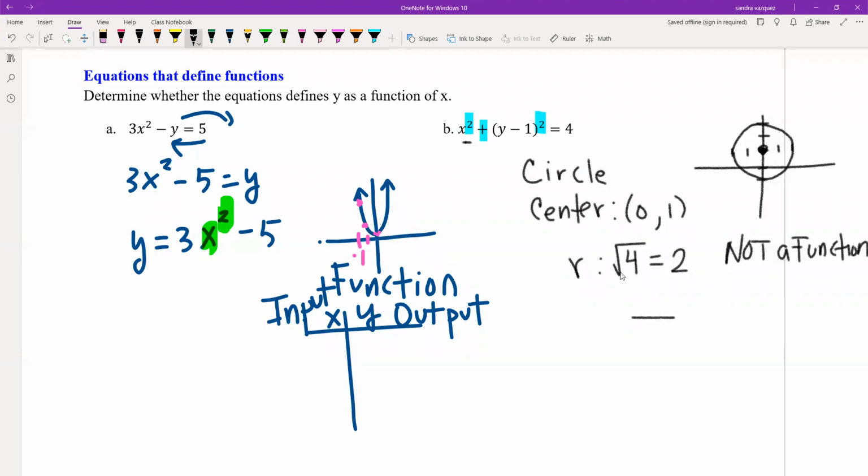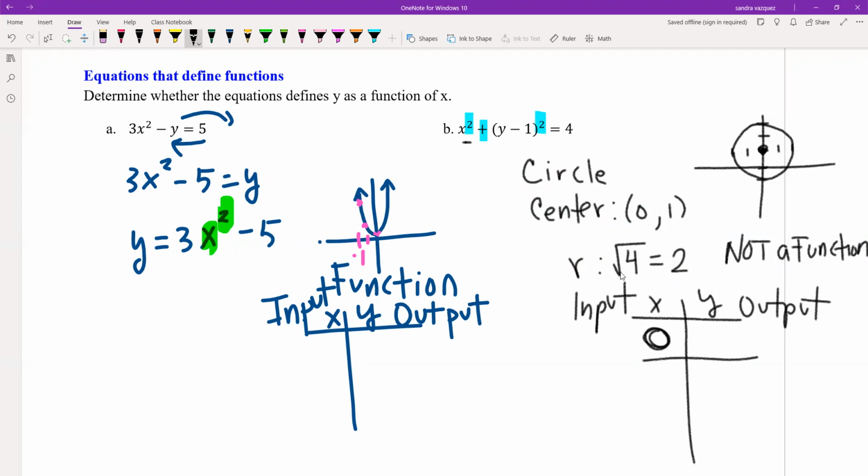And you can think of the input and the output. If my input is 0, I'm going to have 0 and whatever this value is. So if x is 0, I might get a -1. And then when x is 0, I get a 3.